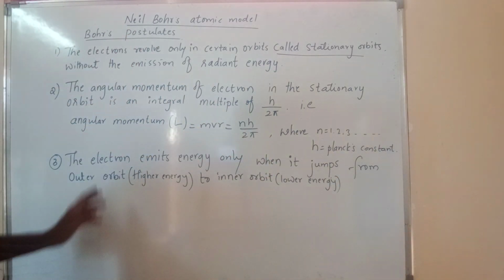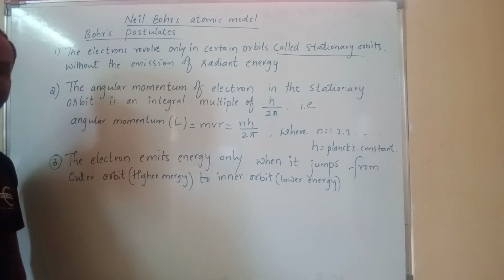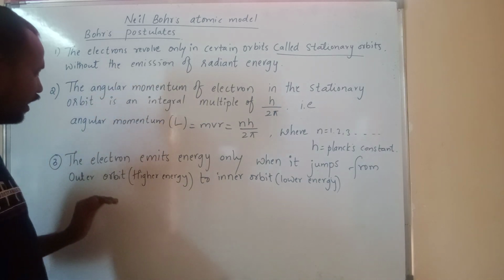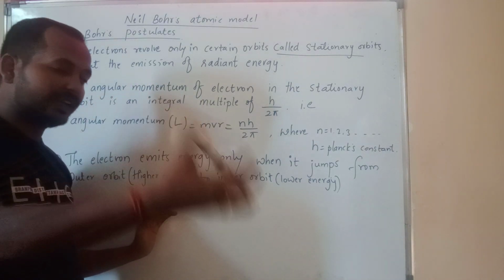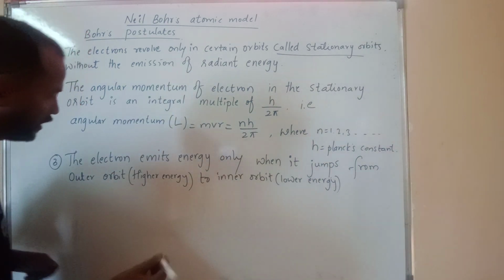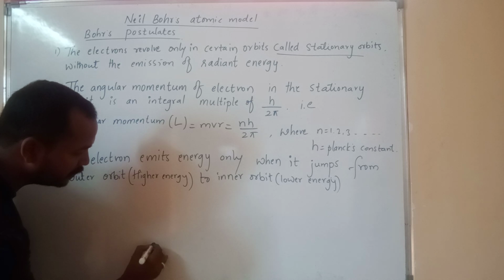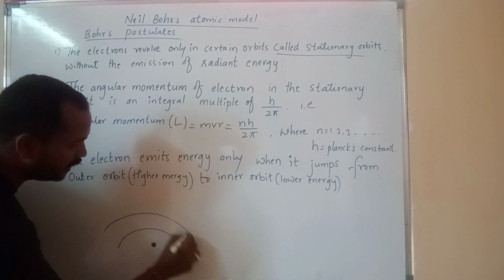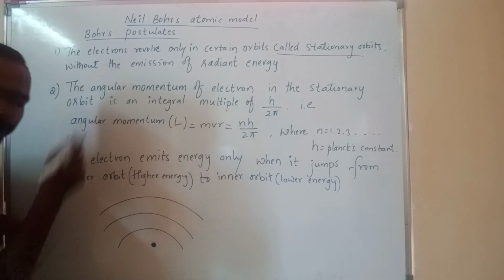Next, the third one: the electron emits energy only when it jumps from an outer orbit, that is higher energy, to an inner orbit, that is lower energy. To explain this, I'll consider this as the nucleus, and this is the first orbit, second orbit, third orbit, and so on.